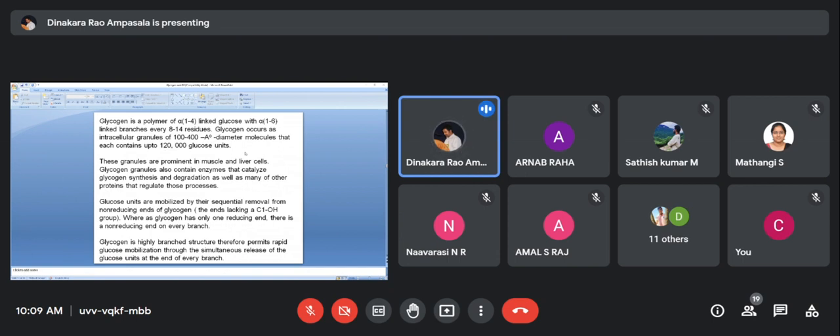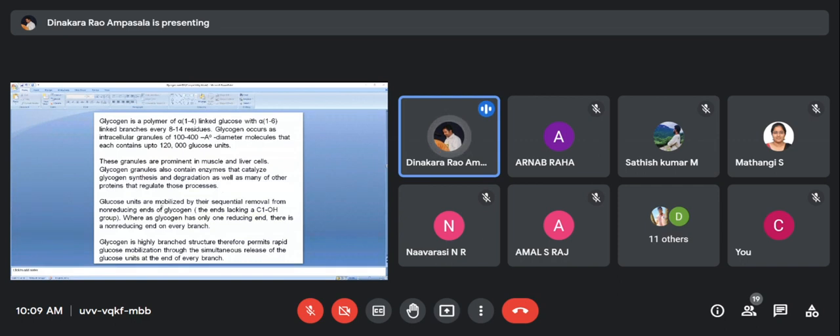Okay, so 120,000 glucose units are present in a single small glycogen granule. Many granules are present inside the liver cell and many inside the muscle cell. These granules are prominent in muscle and liver, and when required they will start degradation, and when required they will start synthesizing the glycogen molecule.